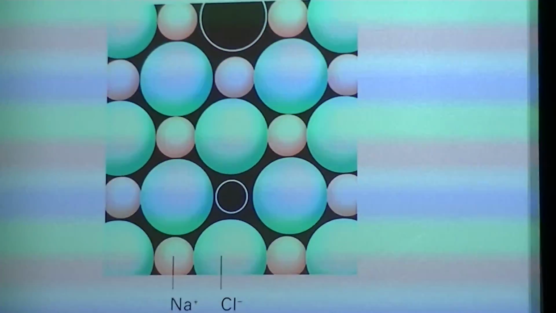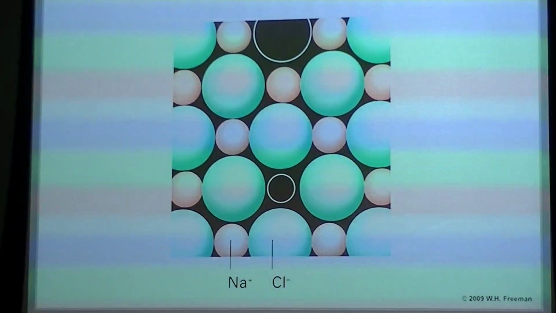Imagine the three-dimensional structure, and at some point in this sodium chloride structure, for example, you have vacant positions.